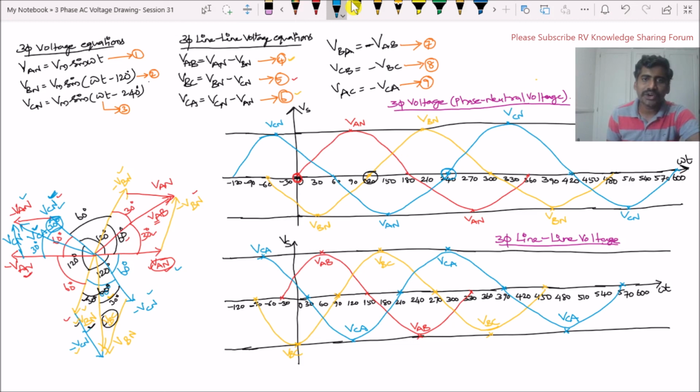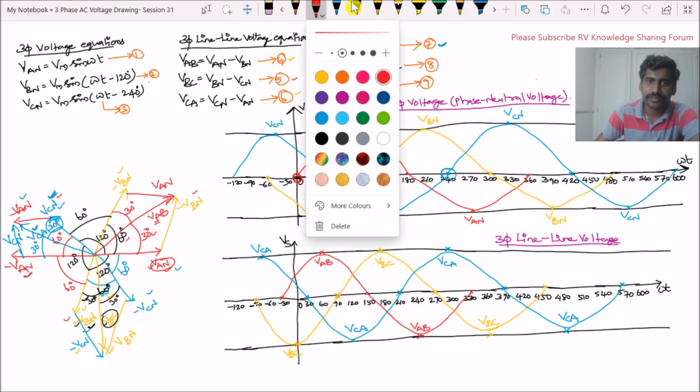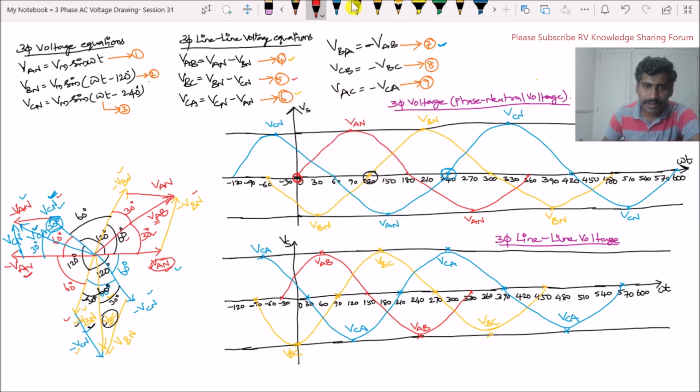Now let us draw the line voltage VBA as per equation 7. Please refer to equation 7. Equation 7 says that the line voltage VBA is equal to minus of VAB. That means the opposite of VAB is nothing but minus VAB. So now let us draw that, just exactly opposite to that.